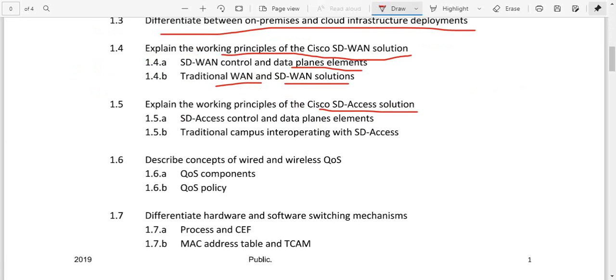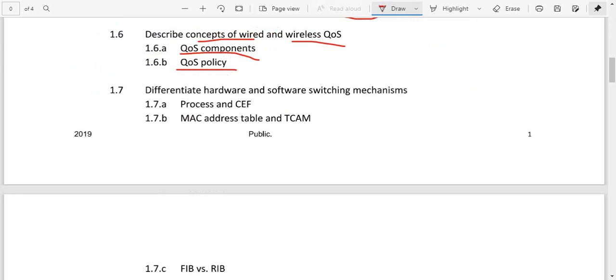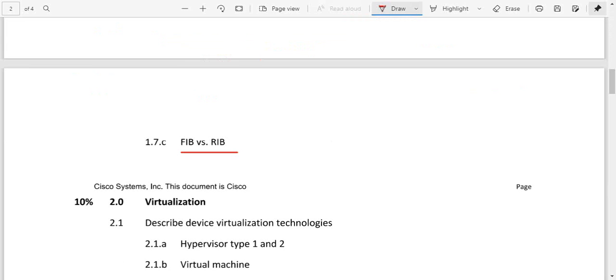In the SD-Access solution, we have SD-Access control and data plane elements for traditional campuses. How do we differentiate between the hardware and software switching mechanisms? You will come to know about the process and CEF, how the MAC table and TCAM work. So that's 15%.